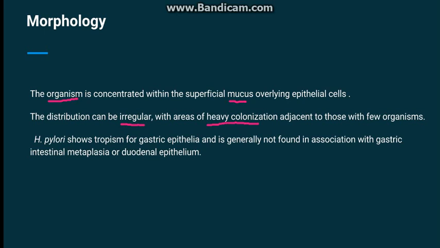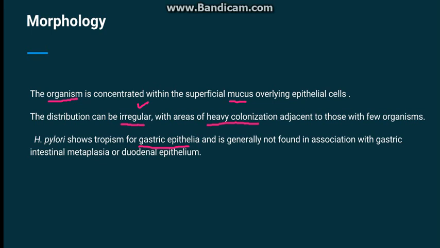The distribution is irregular. And lastly, we can see that H. pylori only shows tropism for the gastric epithelia. That means it is not associated with intestinal metaplasia or when the duodenal epithelia is involved. It is only associated with gastric epithelia.